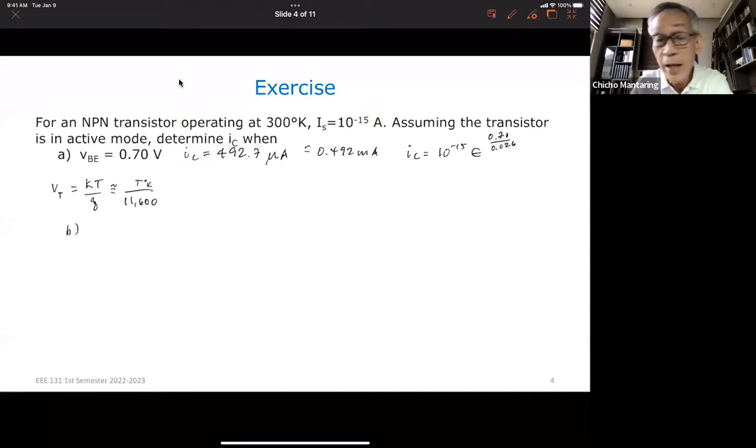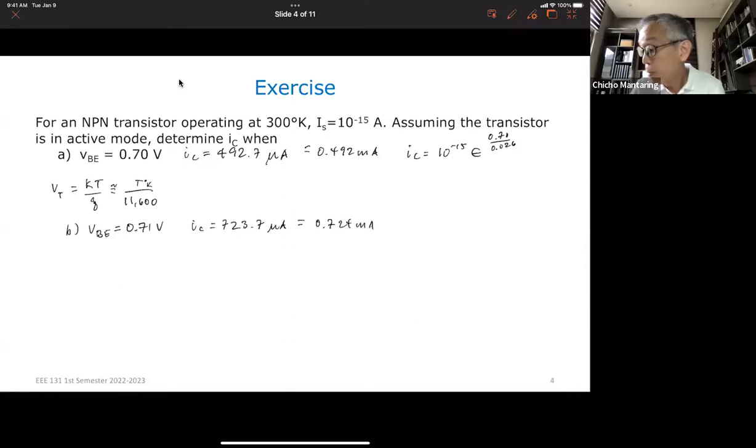Okay, if I raised my VBE by just 0.01 volts, I'm going to get I sub C is equal to 723.7 microamperes, or this is 0.724 milliamperes.